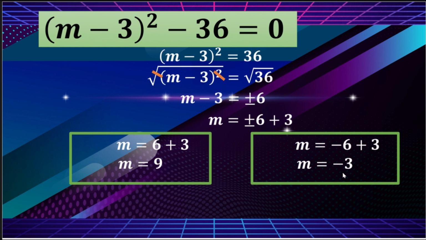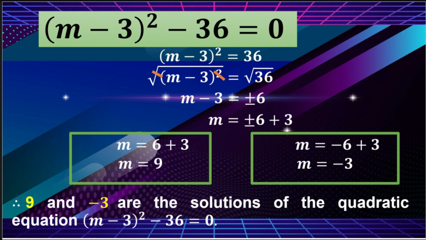Then copy the sign of the bigger number, and our bigger number is 6, and its sign is negative, so we need to copy negative. So the value of your m is negative 3. Therefore, 9 and negative 3 are the solutions of the quadratic equation, the square of m minus 3 minus 36 is equal to 0.